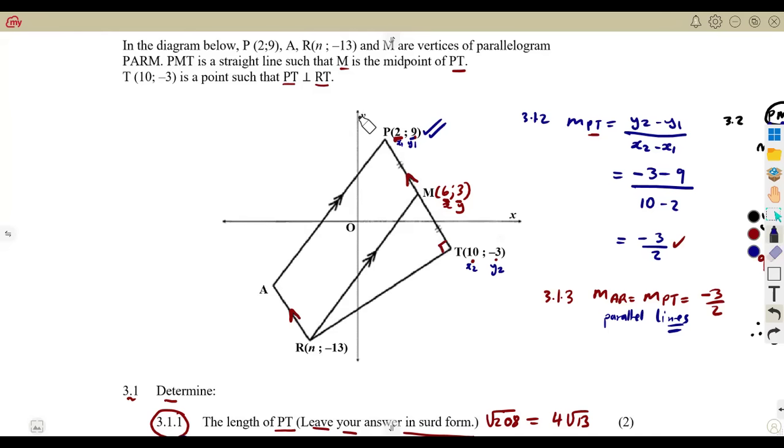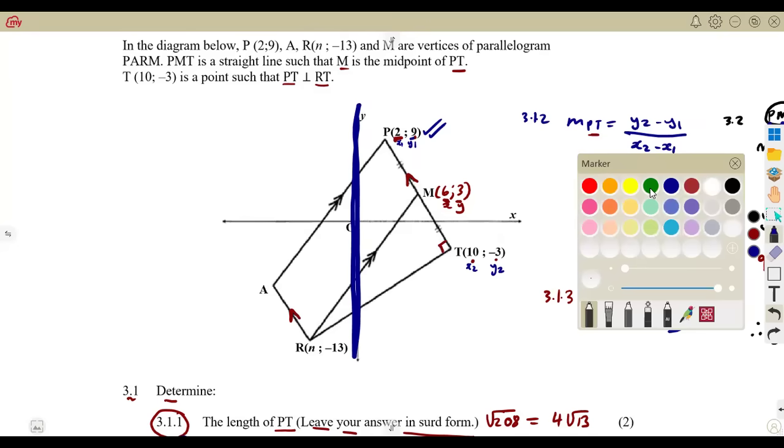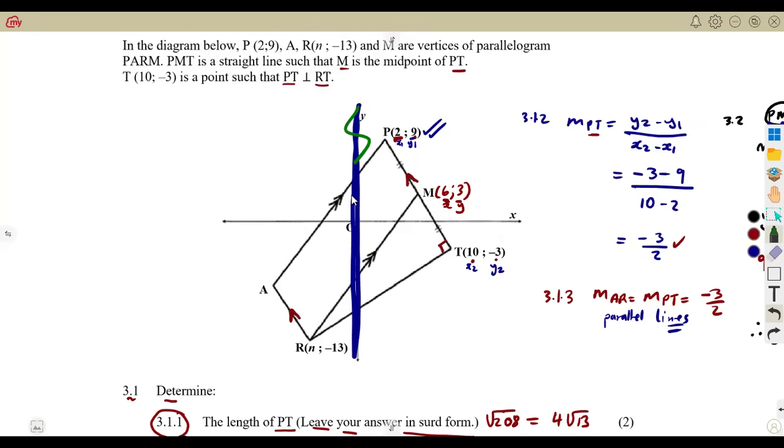If we consider this is the y-axis, as you count the values of x from this y-axis going to the positive side, these values are supposed to be positive. 1, 2, that's why you see the x value there is positive 2. The x value here is positive 10. The x values this side are positive.